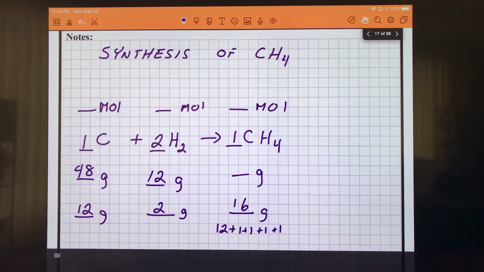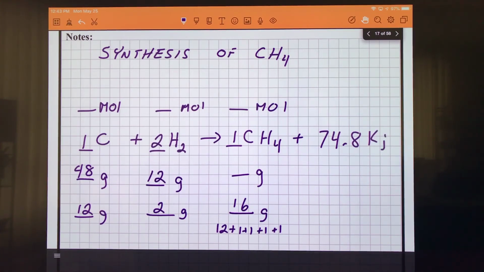Now, if you notice, there's one more thing on your worksheet that I haven't put into here yet, and you can add it in at the beginning. I'm adding it in at some different points, as you might notice. So I'm just going to go ahead and put it in now. The heat, delta H, the heat from our standard reaction is 74.8 kilojoules.